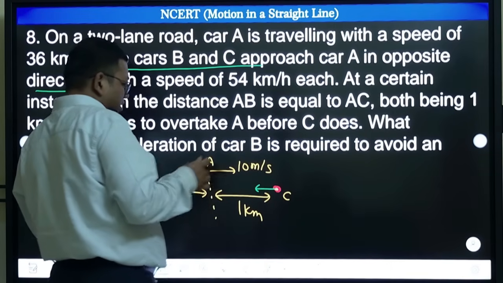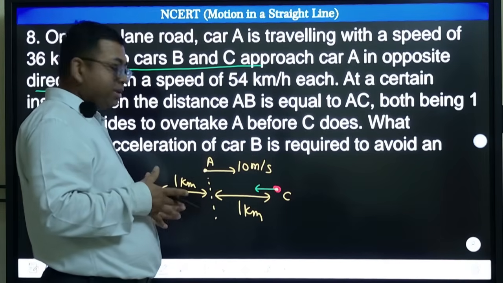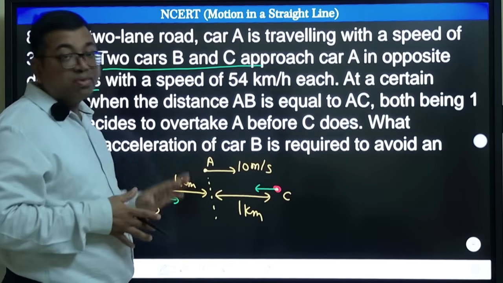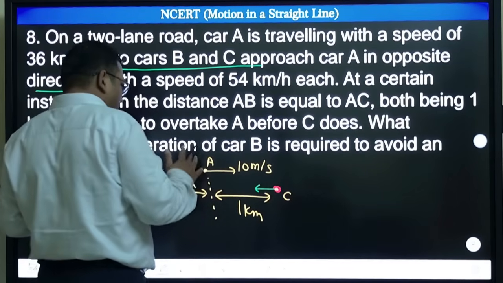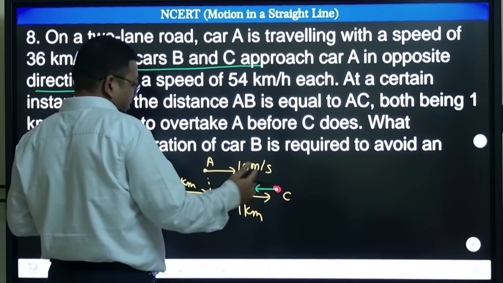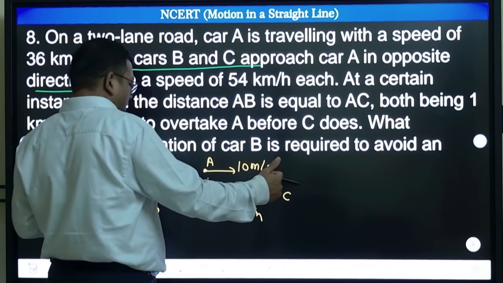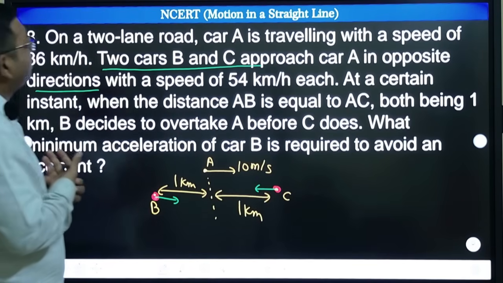Okay, is this interpretation correct? Because you need to start with some interpretation, because things are not clearly given, figures are not given. You have to start with something. So if A is going this way, I am taking B is behind it and C is in front of A, and they are approaching opposite of each other, right, like this.